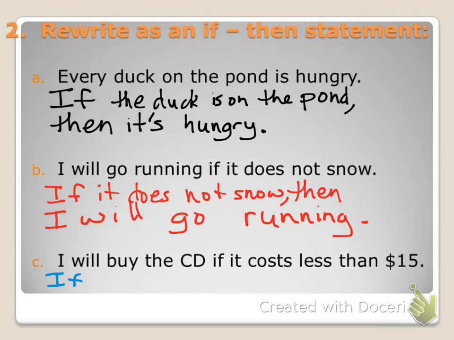Good, so you said if it costs less than $15. Well, what's the it? The CD. Typically, you don't use it until you establish what it is. So if the CD costs less than $15, then what are you going to do?